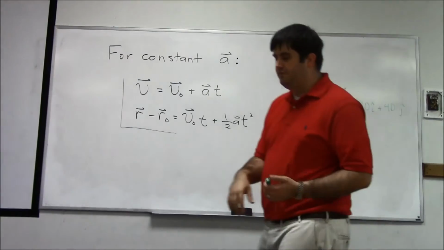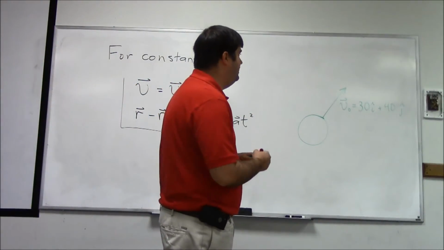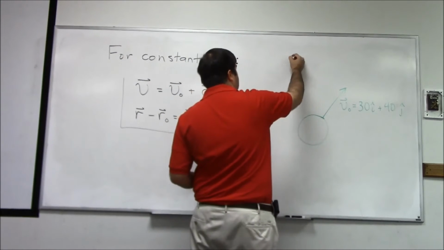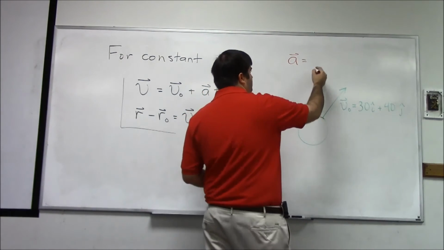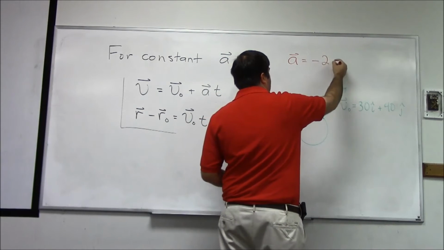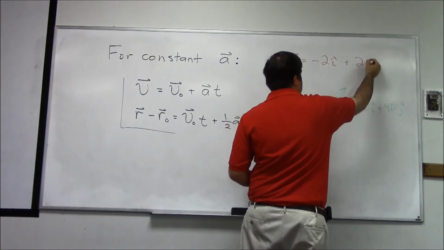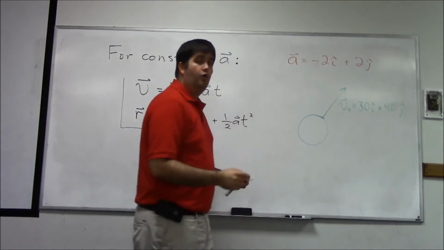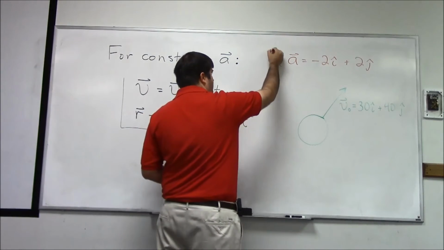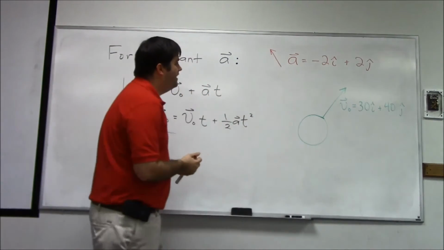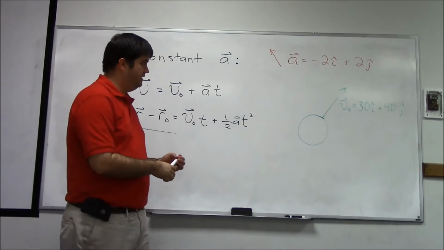And let's say that it fires up its engines, but it's pointing its engines a different way to try to cause some constant acceleration vector represented by -2 i hat plus 2 j hat, over and to the left. In other words, it's moving up and to the right, but it's firing some rockets up and to the left because it wants to change where it's going a little bit.